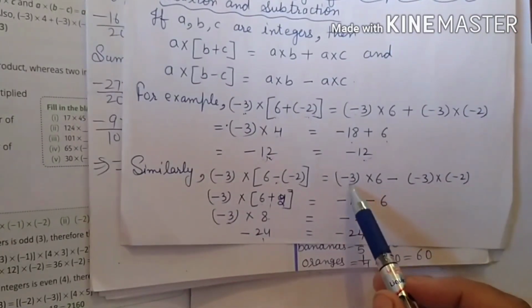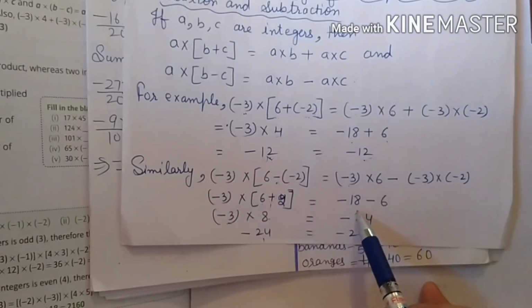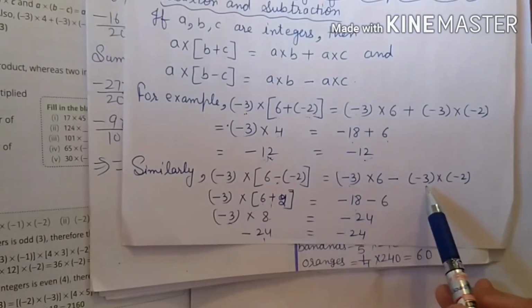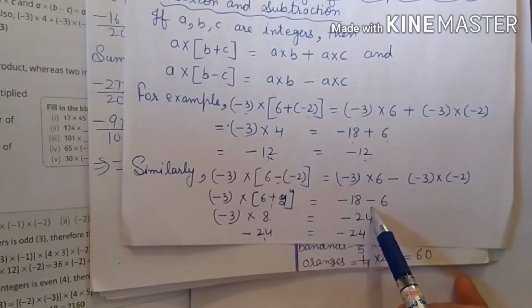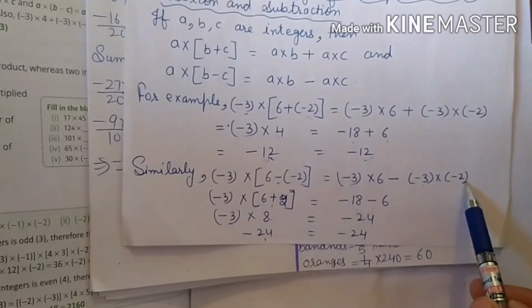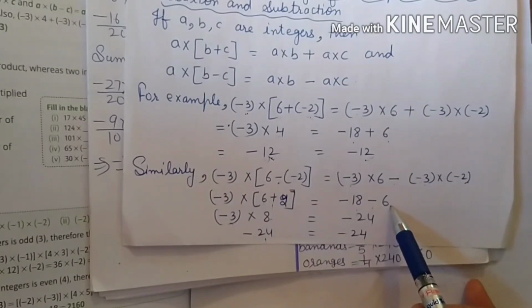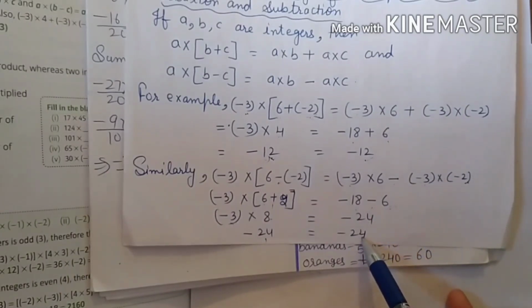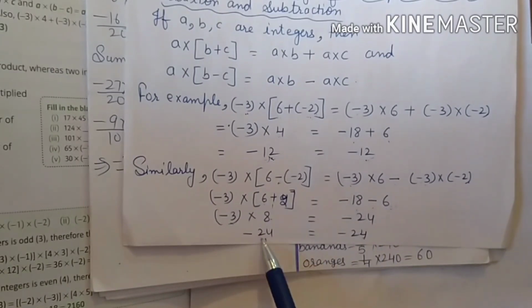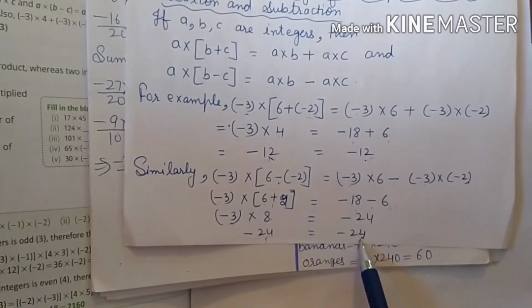Then -3 multiplied by 6 is -18, and the negative sign will be there. -3 multiplied by -2 is 6, because negative negative is positive. So both terms are negative, and your answer is -24. So here in both conditions your answer is the same.